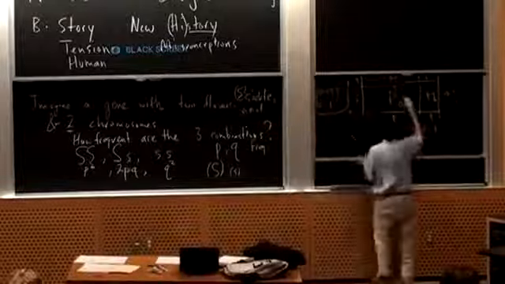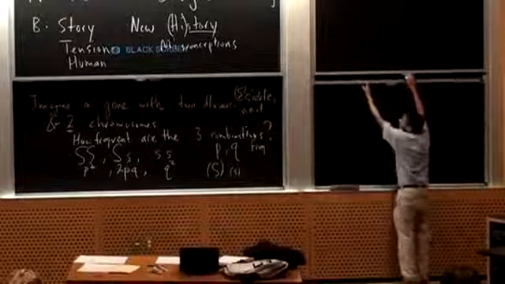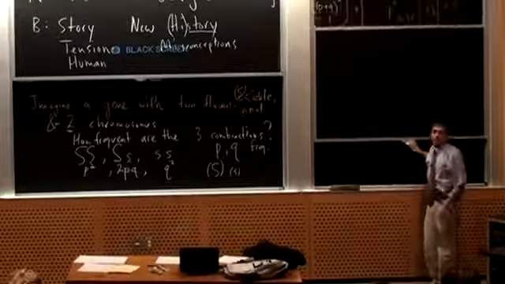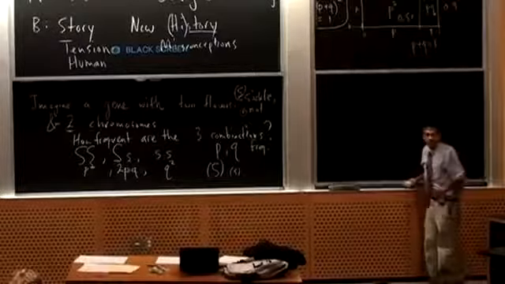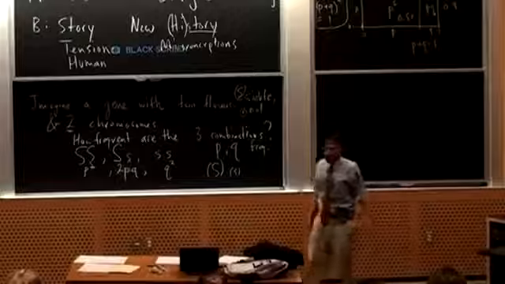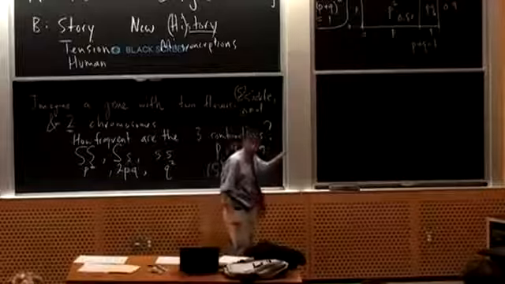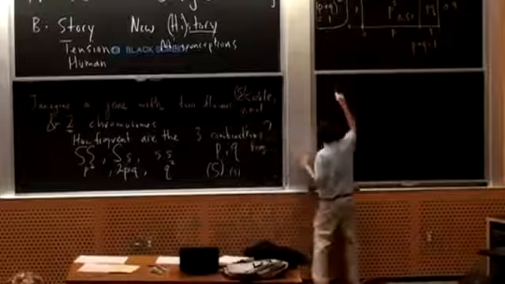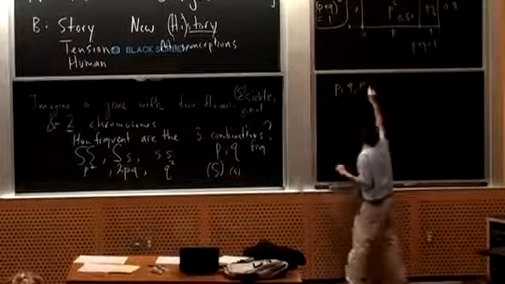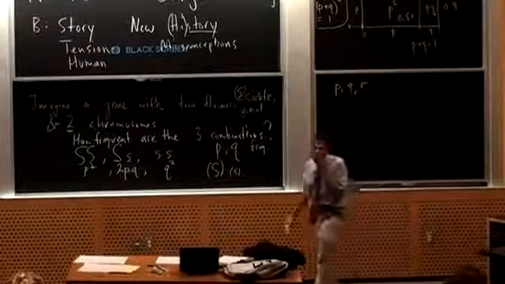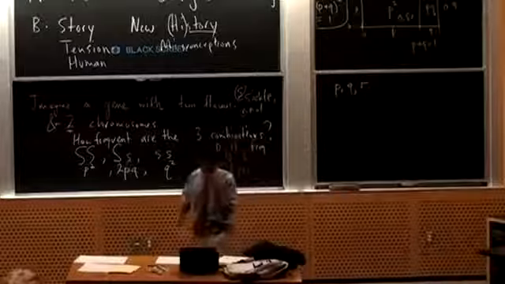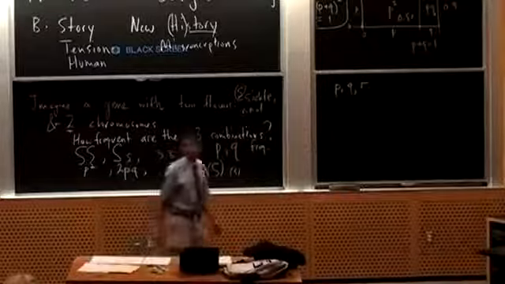Oh, that's pretty easy. So now take a piece of paper and just on your own, draw this same figure for 3 copies of the gene with frequencies P, Q, and R.